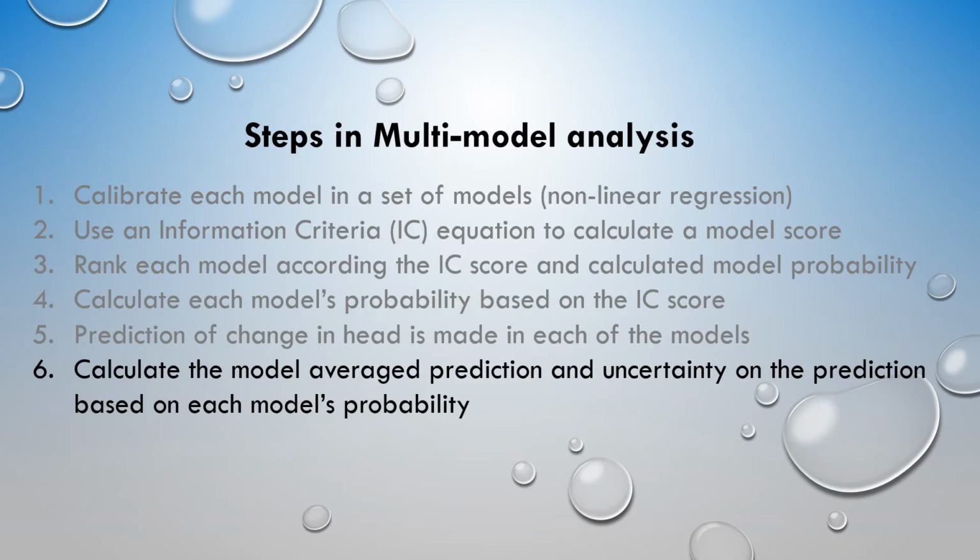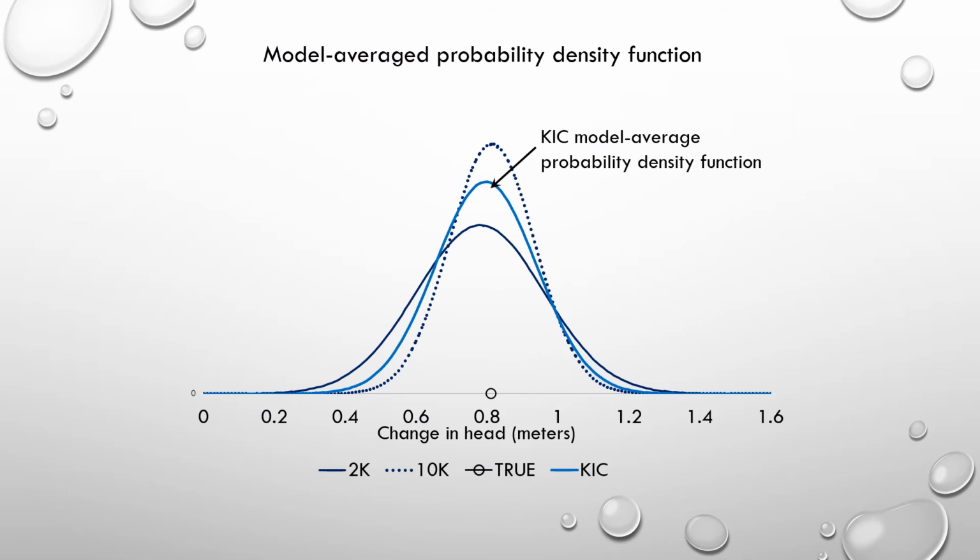Now we're going to calculate the model average prediction and the uncertainty on the prediction based on each model's probability and the model set. This is the model average probability density function in white blue.